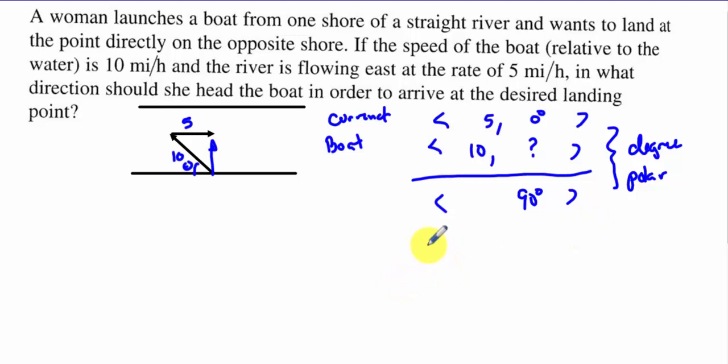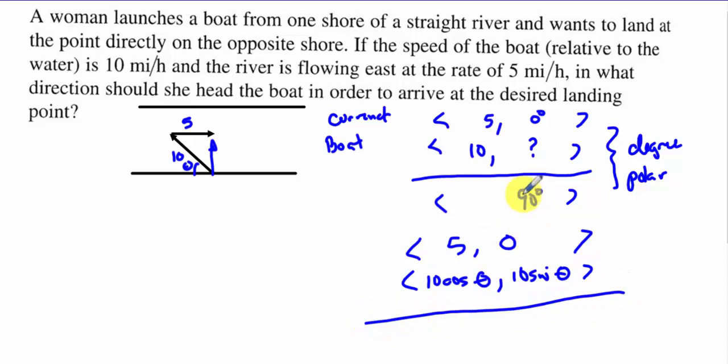If I were to convert all those, I'd have the following. We'd have 5 and 0 again. We'd have 10 cosine some theta value and 10 sine some theta value.